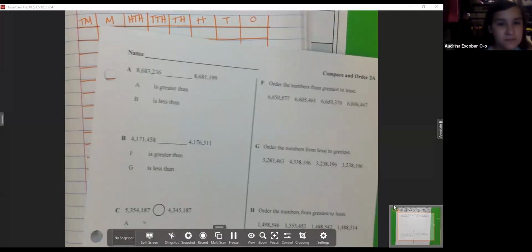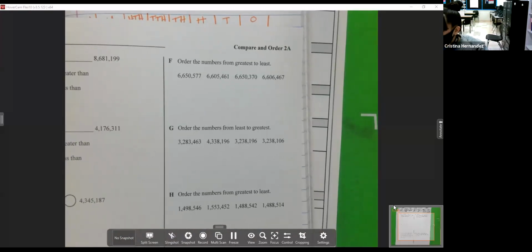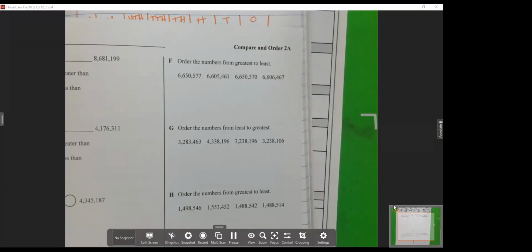Everybody got their charts drawn? Yes. Okay. We're on page 2A. Everybody's on page 2A. Compare and order. What is that?